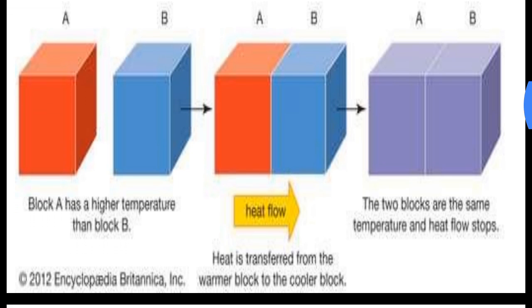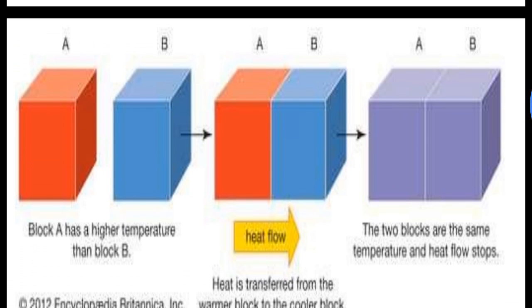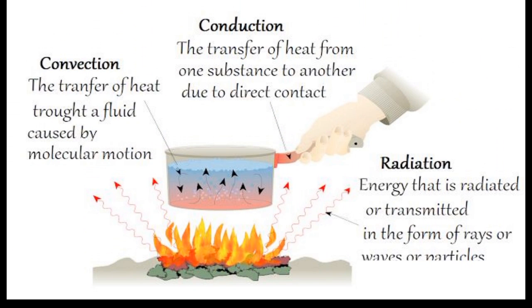When both the blocks have the same temperature. So from where to where is heat flowing, can you say? Yes, from block A to block B. From B to A it will not go because B is colder than A. Once again, like the flame is hot, from the flame heat is flowing to the vessel or the surroundings.